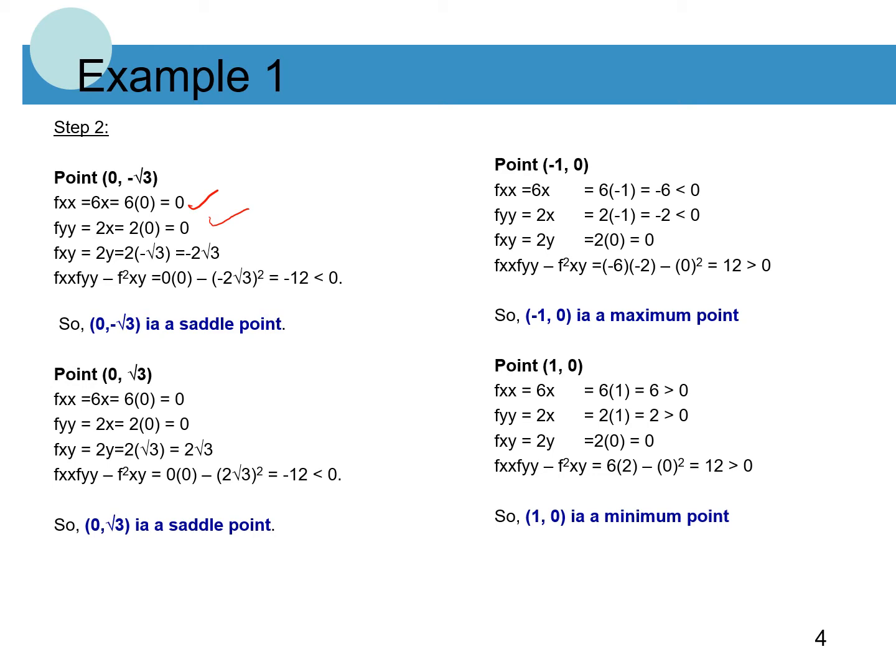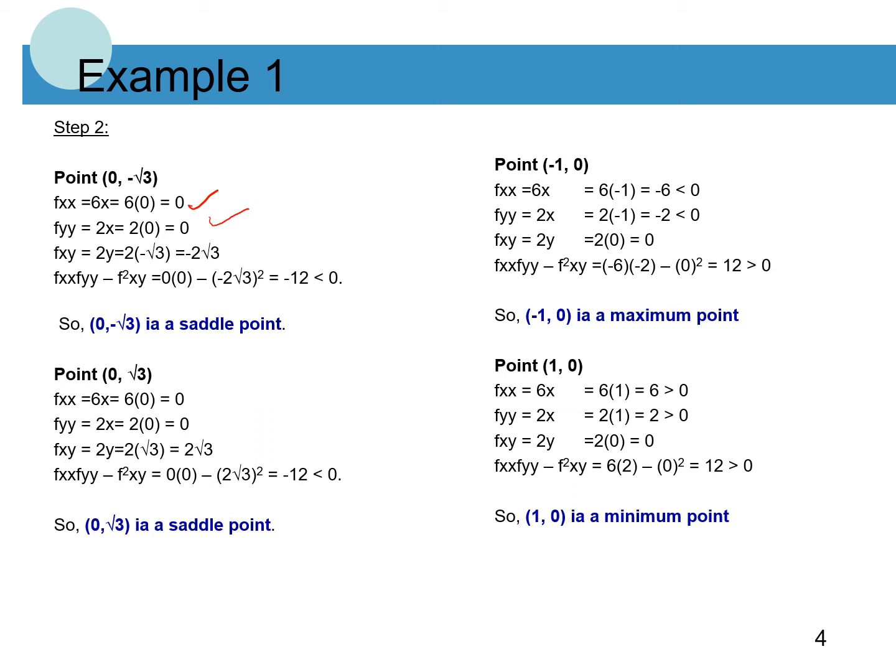Then we have fxy equal to 2y, then we multiply 2 by negative square root 3, equal to negative 2 square root 3. The last test is we have to substitute into fxx times fyy minus (fxy) squared.